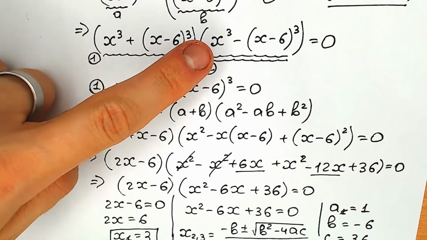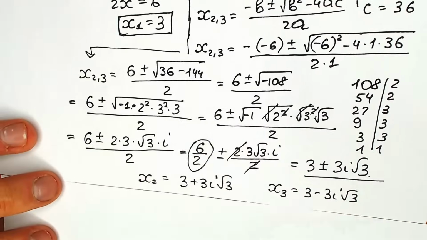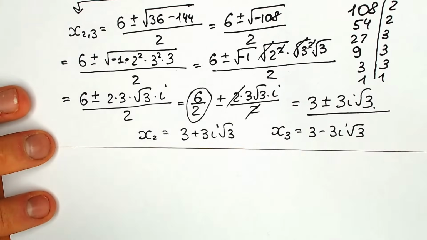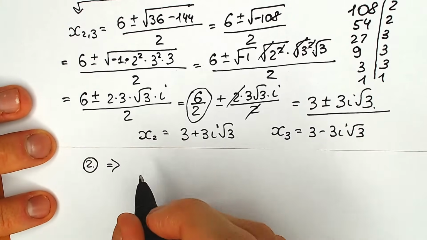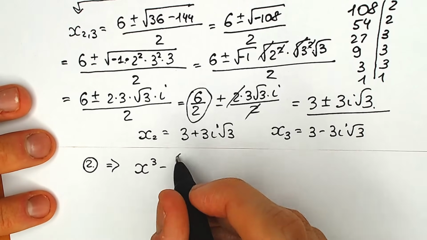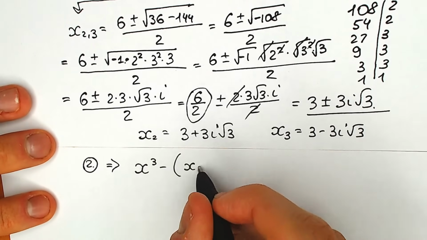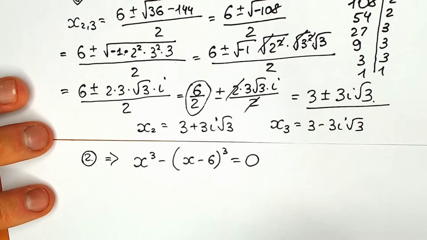Right now let's solve the second one, x cubed minus x minus 6 to the power 3. So according to the second parenthesis, so let's continue. According to a second parenthesis, we will have x cubed minus x minus 6 to the power 3 is equal to 0. Right now let's solve this second parenthesis.